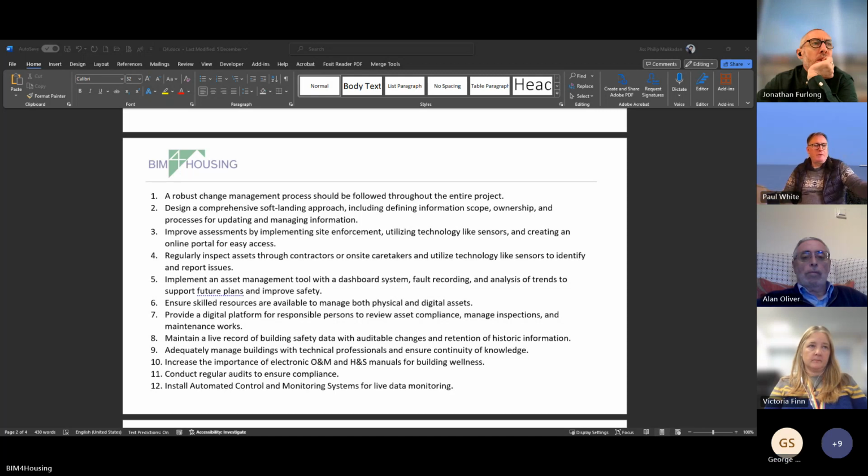Anybody want to come in on that at all? Okay, question 8, I'll read it again: maintain a live record of building safety data with auditable changes and retention of historic information.